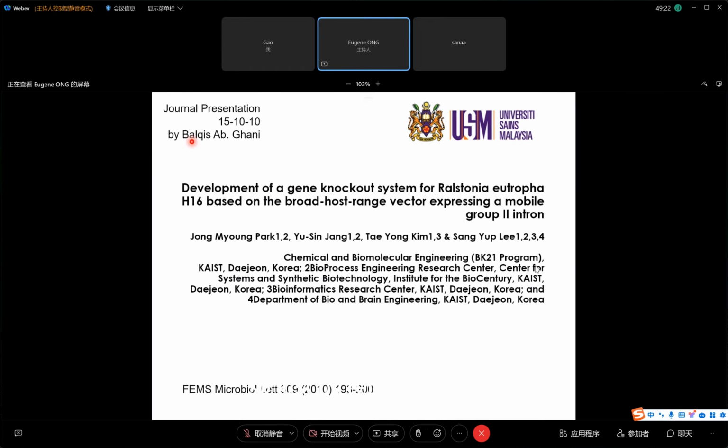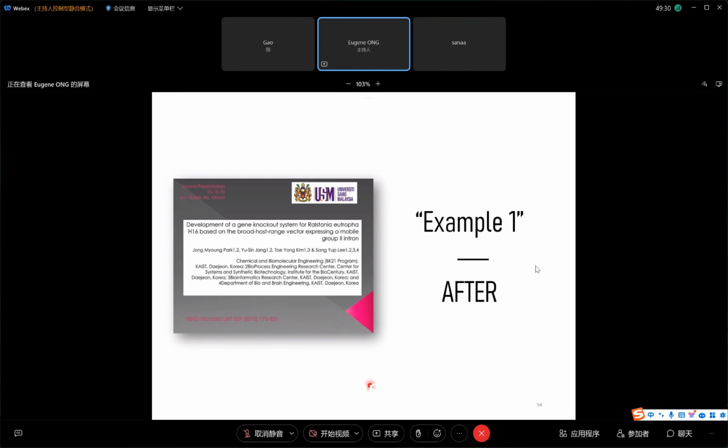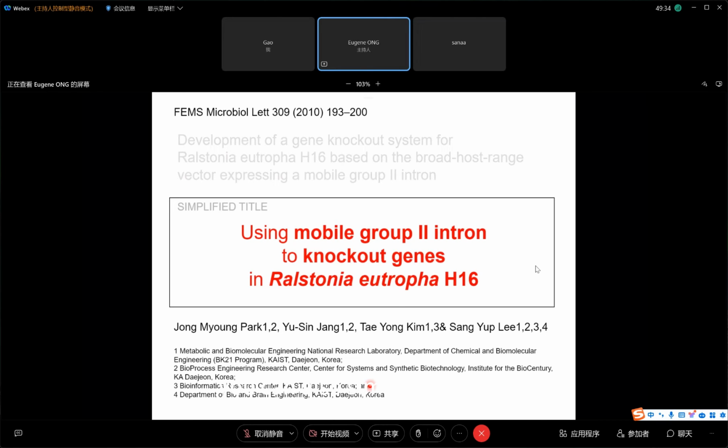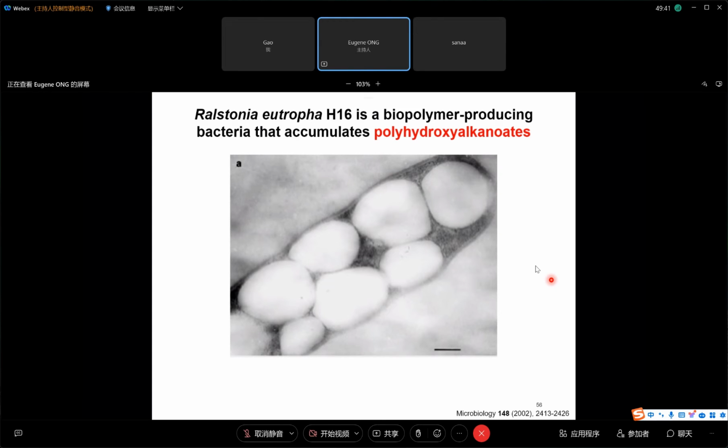By removing the background and simplifying a little bit, it can be slightly better. Here, you can also simplify the title so that it is directly understandable. You can simplify the introduction so that people know what this is all about.